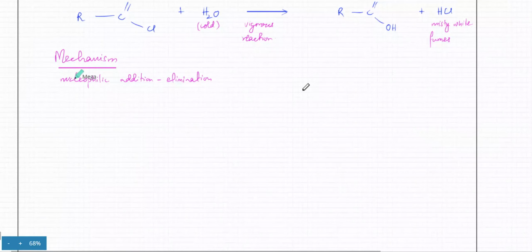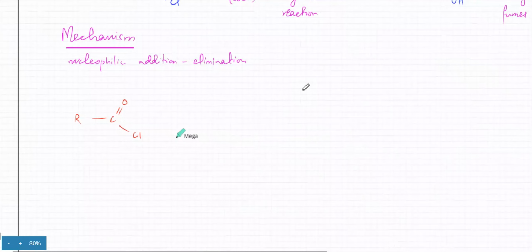Here you have an acyl chloride, RC=O and Cl. As the first thing, the carbon has a very strong positive charge, because it's attached to two electronegative elements, right? There's oxygen trying to pull electrons, and there's a Cl as well trying to pull the electrons.